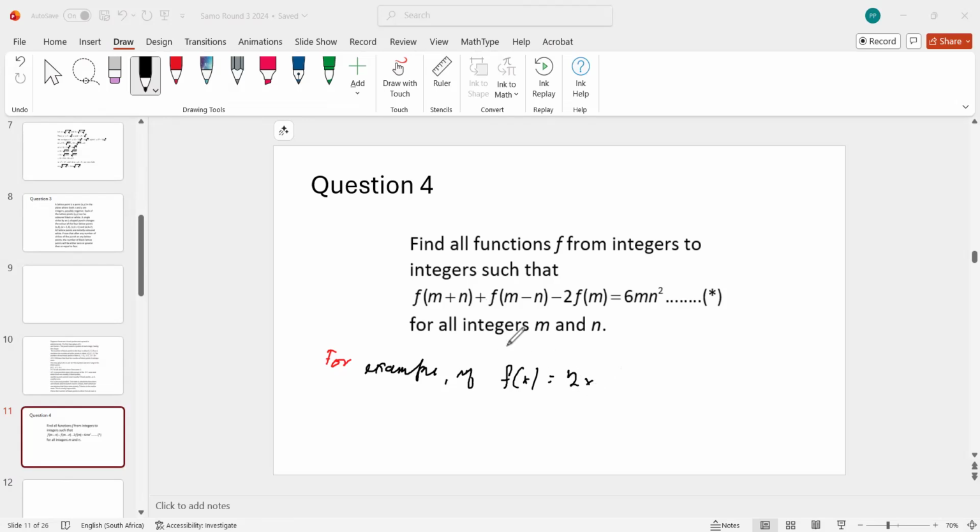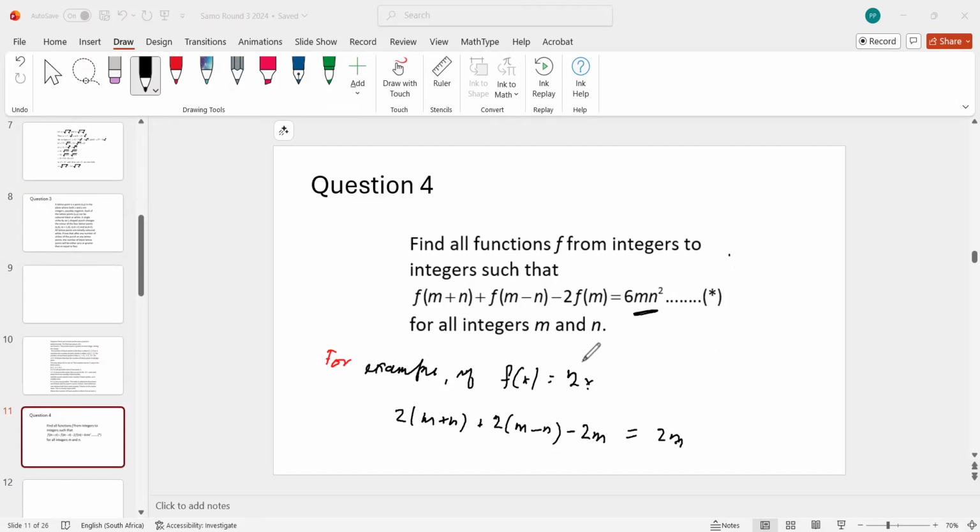Then f of m plus n is 2 into m plus n, plus f of m minus n, I have to substitute m minus n for x, and minus 2f of m. f of m is 2m, and that is equal to 2m. Yeah, exactly 2m, because 2n and minus 2n cancel off. But now we want to land at 6mn squared, not 2m.